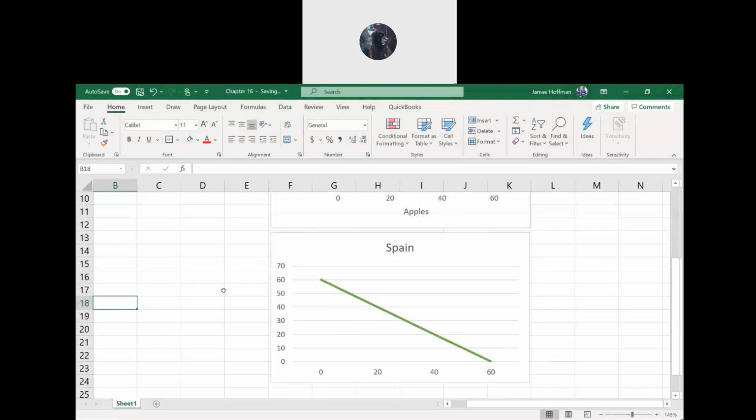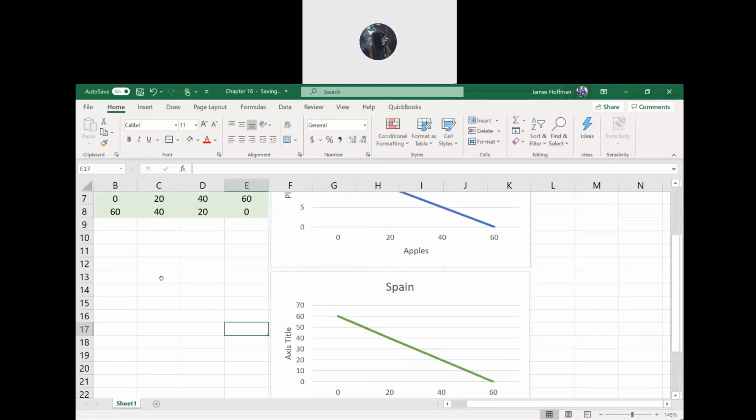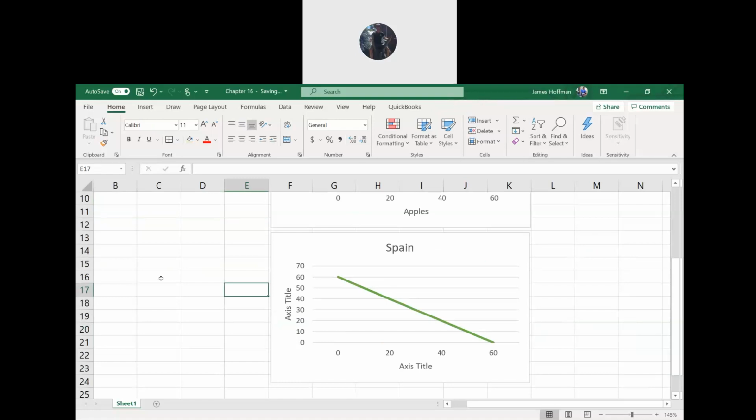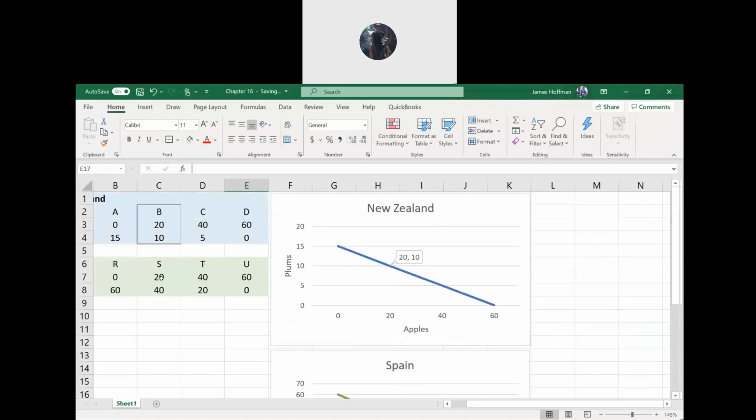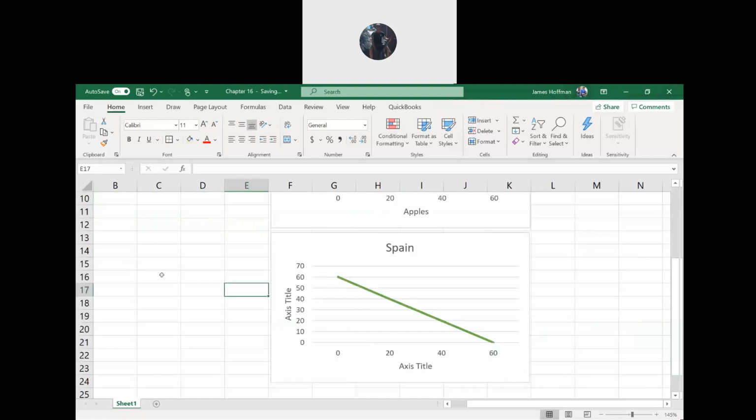All right, we can add labels, then we can show the initial point for Spain, and then we're done with part A. So again, this one's gonna be apples, and that's plums.